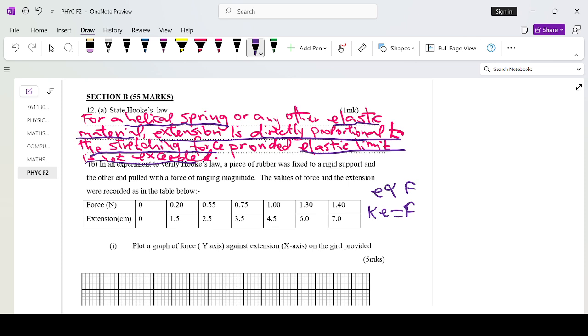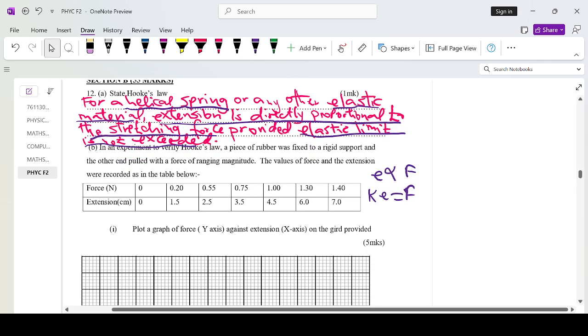The values of force and extension were recorded as in the table below. We have a row for force, in newtons, and another for extension, in centimeters. Plot a graph of force against extension. Here you've been helped: you've been told that force should be on the y-axis against extension on the x-axis.